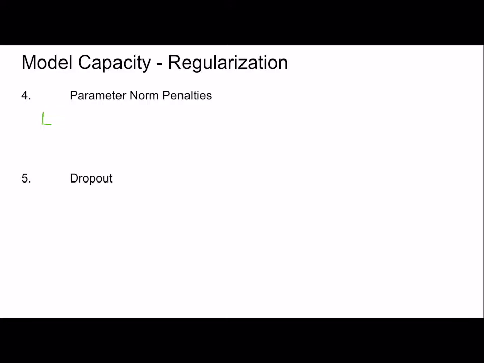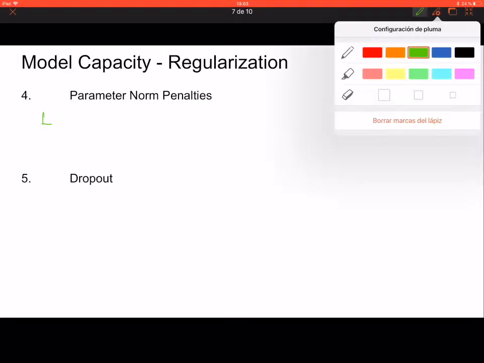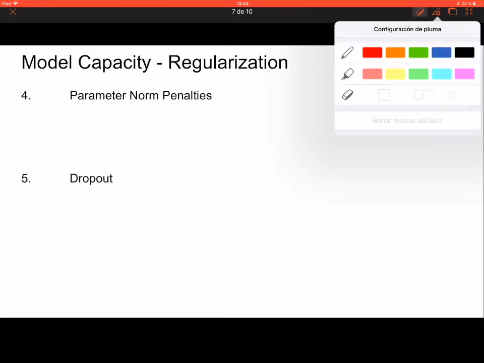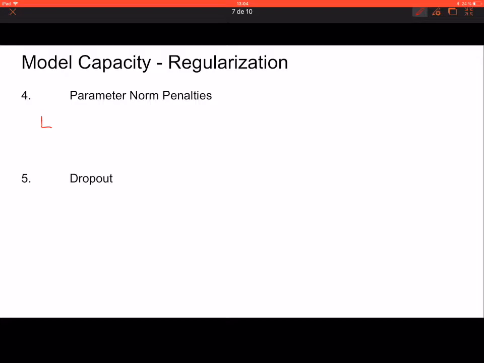So if we have our loss function from before, and this is the 2 norm of y minus y hat, then we can add a new term to this loss function, which will be lambda times the 2 norm of our weights, w.